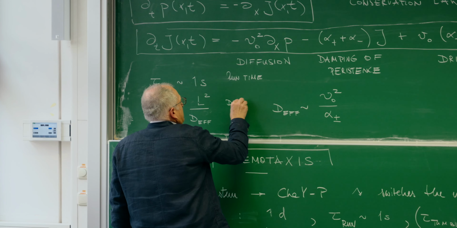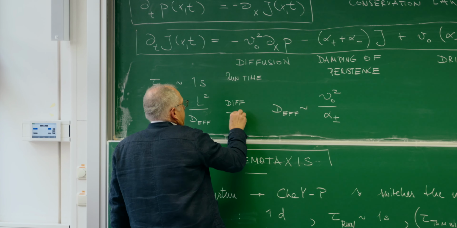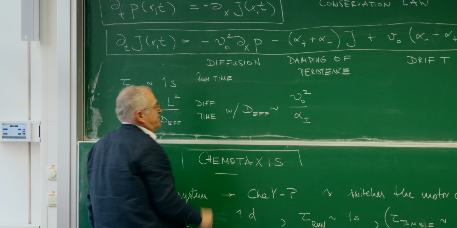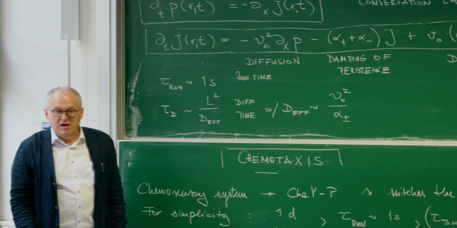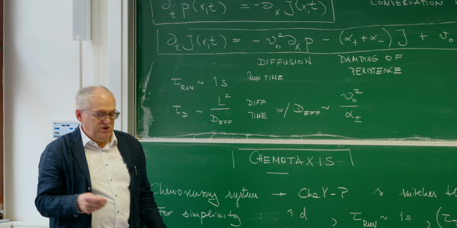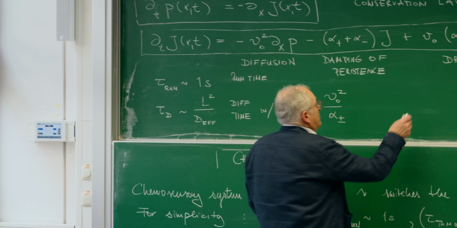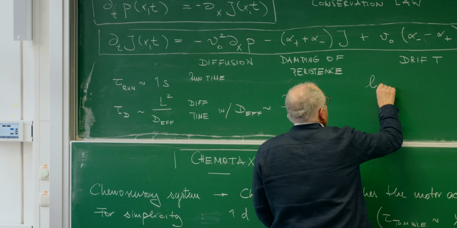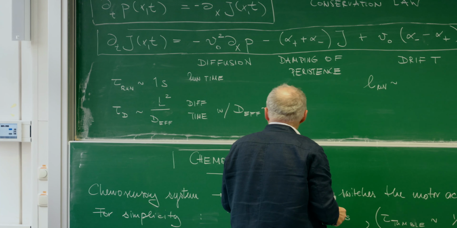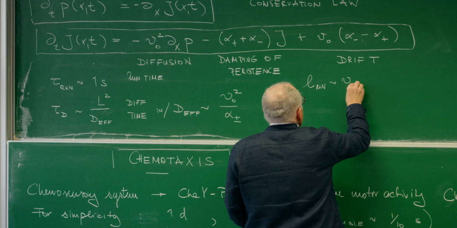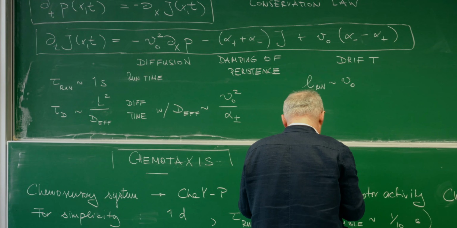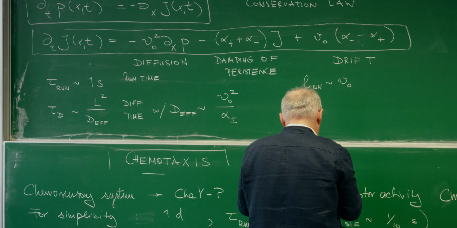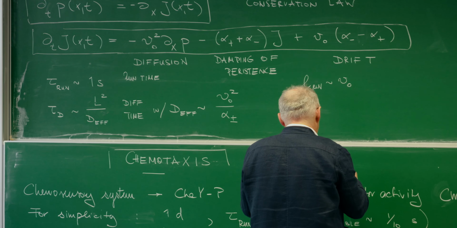and diffusion time with this effective diffusion coefficient. What's the length scale I should think about? Well, if you look into the system and ask what's the typical run length, this run length will be the velocity of our particle times the run time.